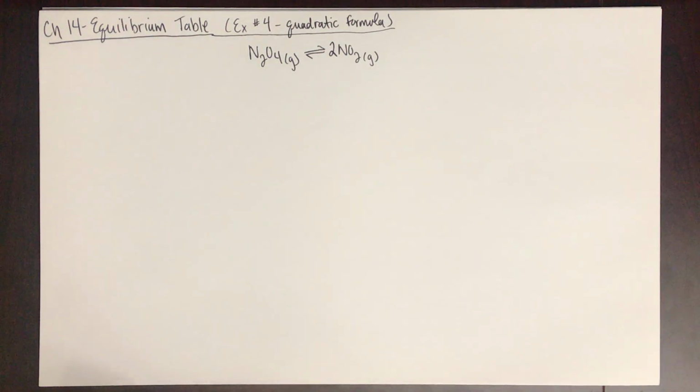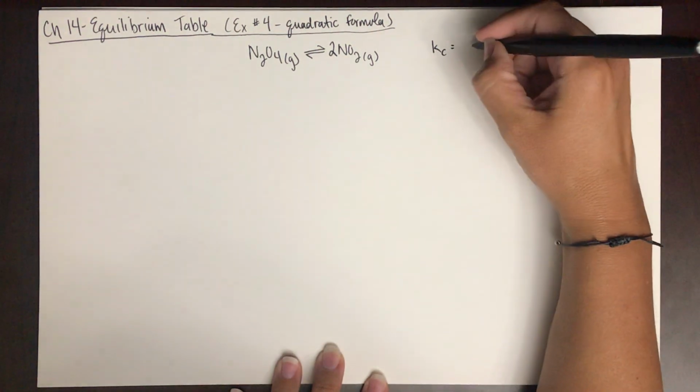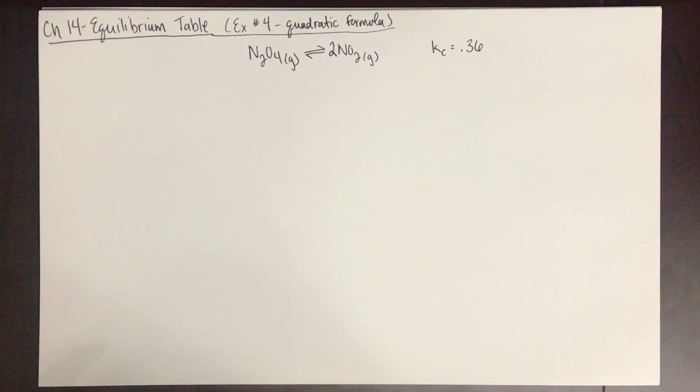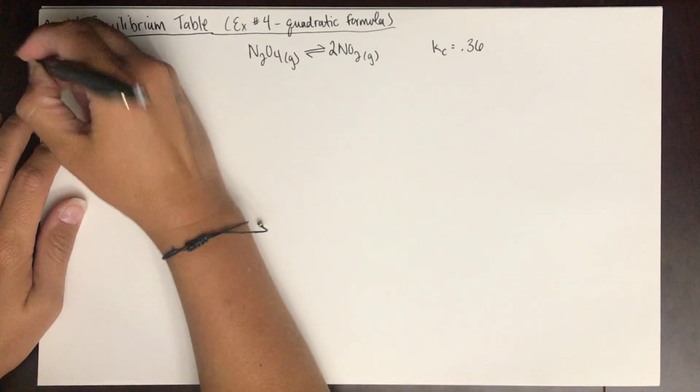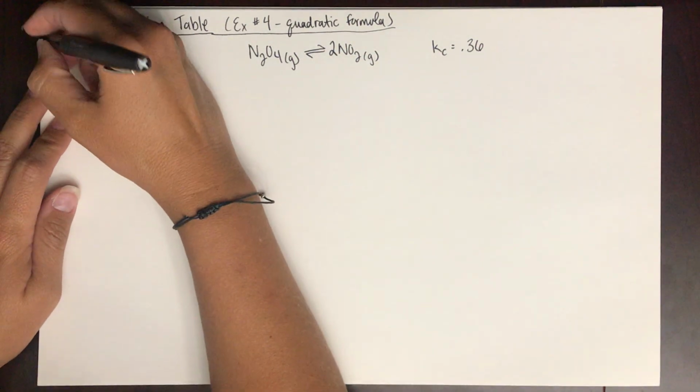The problem says at 100 degrees Celsius, the Kc equals 0.36. Okay, and then the question says, I'll just write it over here.